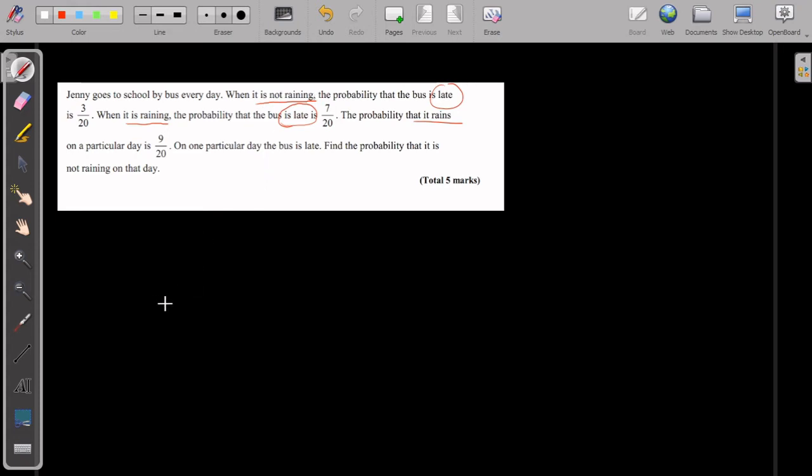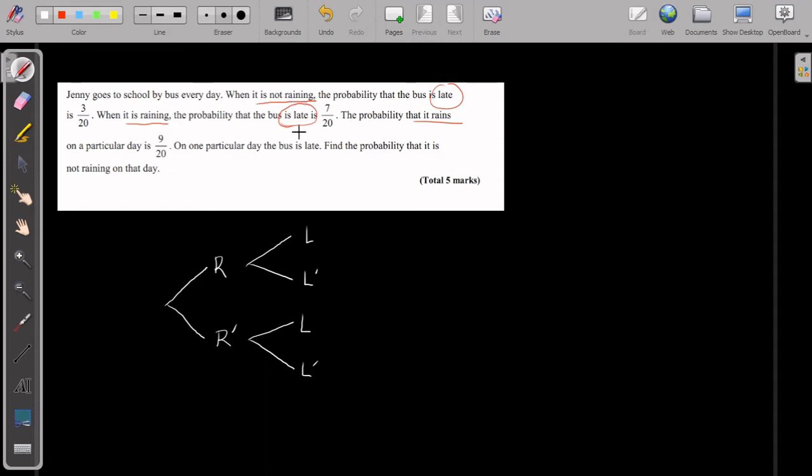So if I make a tree, one branch will be raining and the other branch will be not raining. Now what happens if it rains or if it does not rain? There is a probability that the bus will be late or not late. Also, if it does not rain, the same: it will be late or not late.